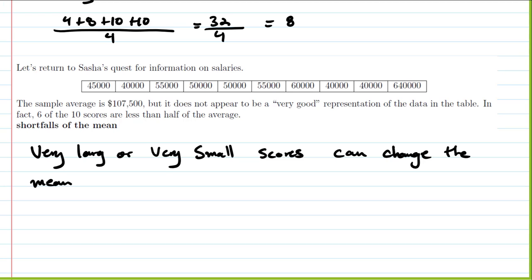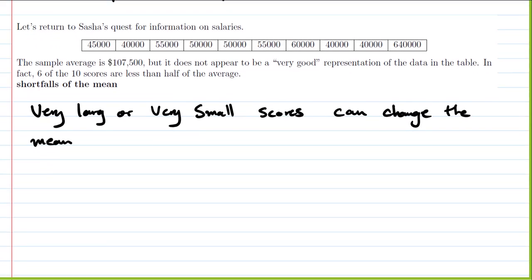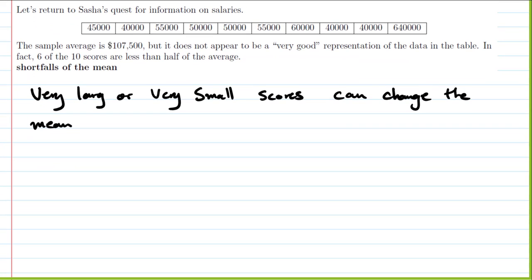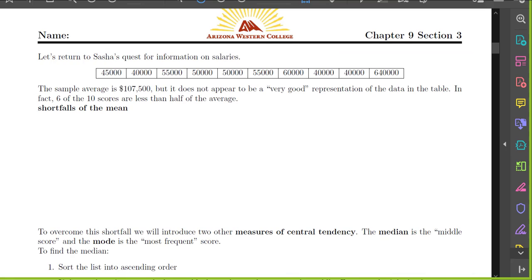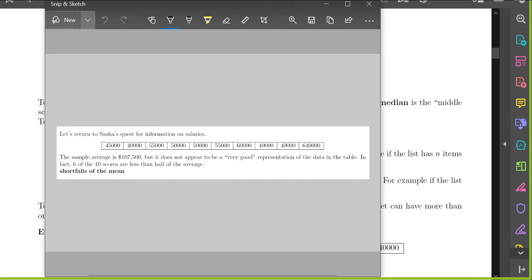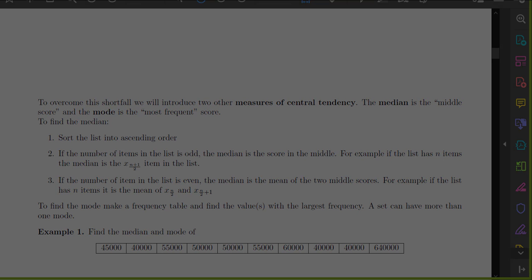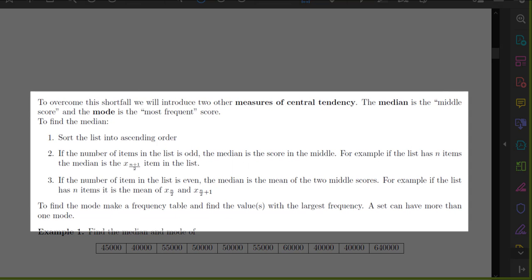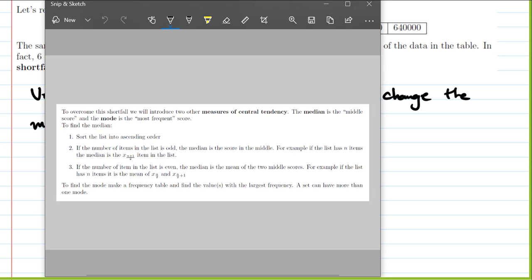So when we're talking about measures of central tendency, we're going to talk about a few different ways to do it. So one of them is this, which is the arithmetic mean, or the sum, divided by the number of data points. So let's take a look at our next two measures of central tendency.